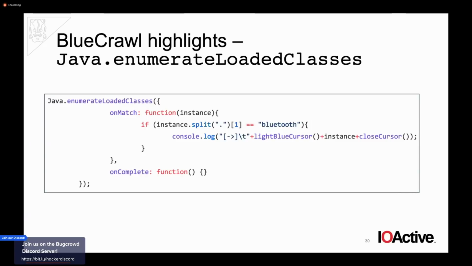So in this case, what we can see Keith doing is splitting the class name on a dot and looking to see if the second name is Bluetooth. So something like com.bluetooth or android.bluetooth is going to match on this. And for those matches, he's just going to log what the name of that class is. So this is a simple way to get a log of everything that's loaded that matches a specific pattern.